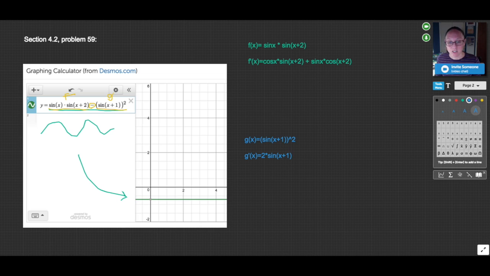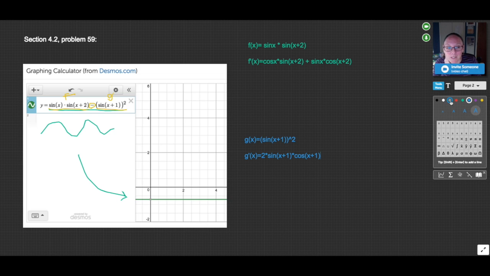Again, calculus never changes what's inside of a trig function. And then chain rule says we're going to multiply by the derivative of that, so cosine of x plus 1. Now, on first look, these two derivatives don't really look anything alike.